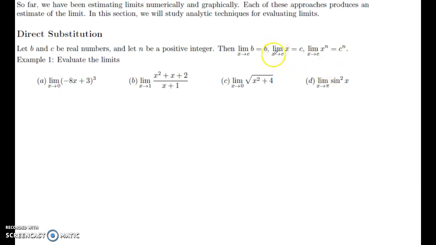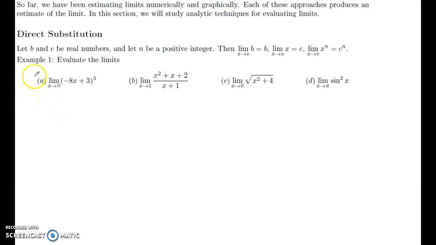And the limit as x approaches c of the variable x is just c, so you replace x by c. And the limit as x approaches c of x to the nth power equals, replace x by c, c to the nth power. Let's take a look at example number 1 on how to use this rule.